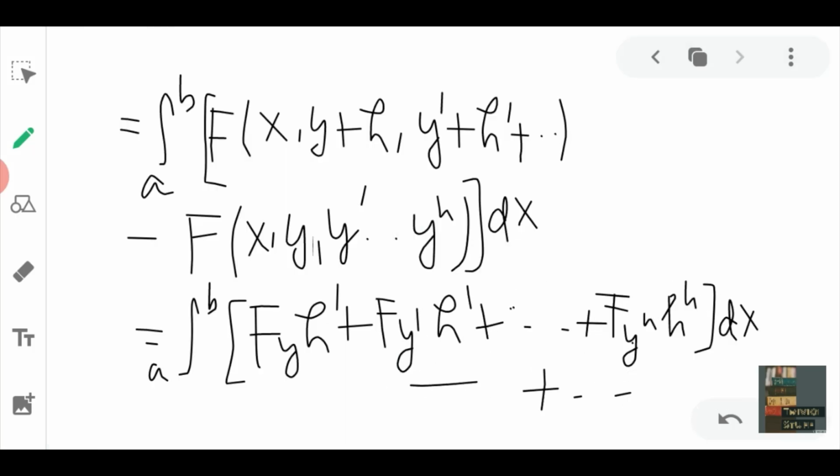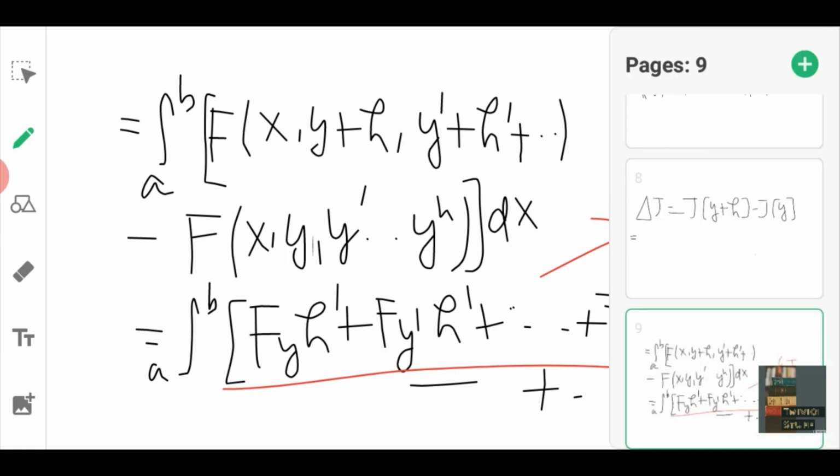This first term is the first variation in dx, and another term will be higher order terms; we are interested only in the first order. So this is basically our delta J, and the necessary condition for the extremum is that delta J must vanish identically.